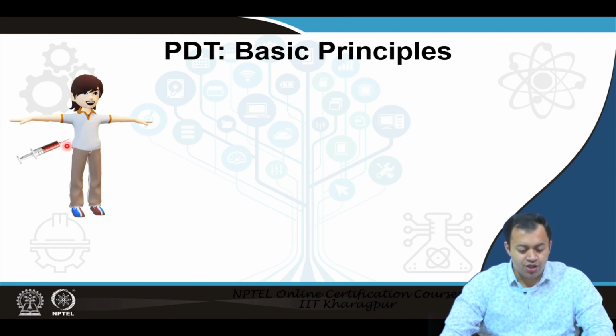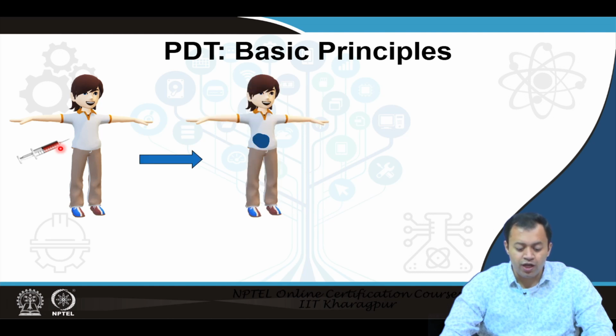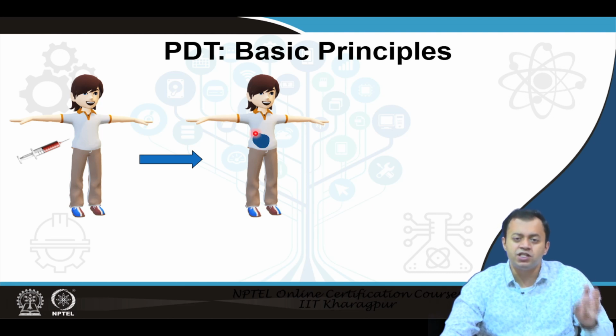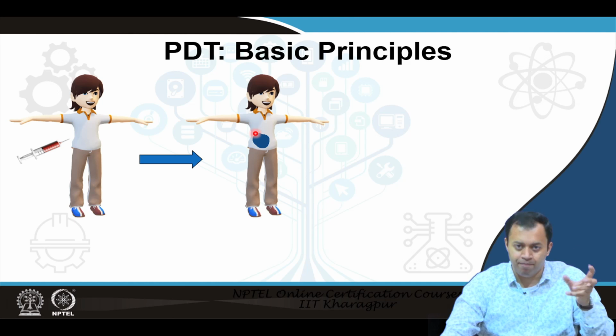After the drug has been injected into the patient's body, the patient needs to wait for something around 24 to 72 hours, it depends on the drug, and the drug gets accumulated in the tumorous region. The drug gets accumulated specifically at the area which is abnormal, which is showing metastasis, which has formed a tumor which we need to treat.